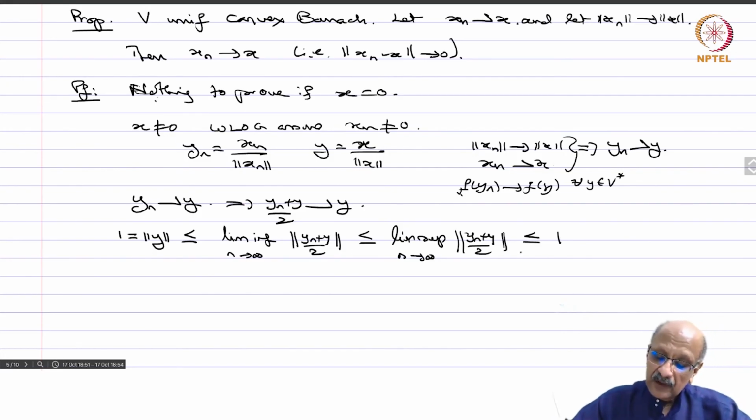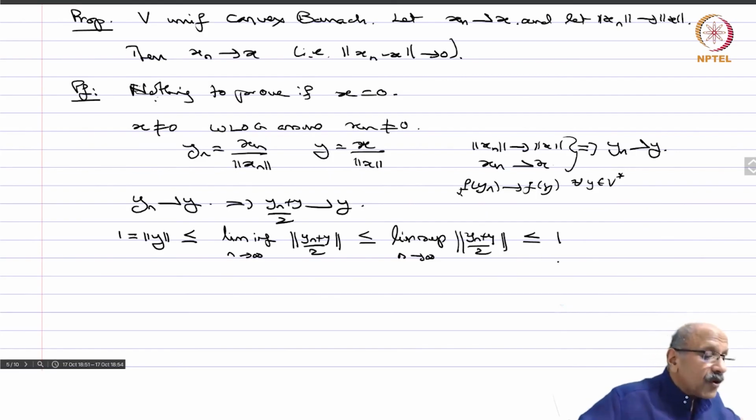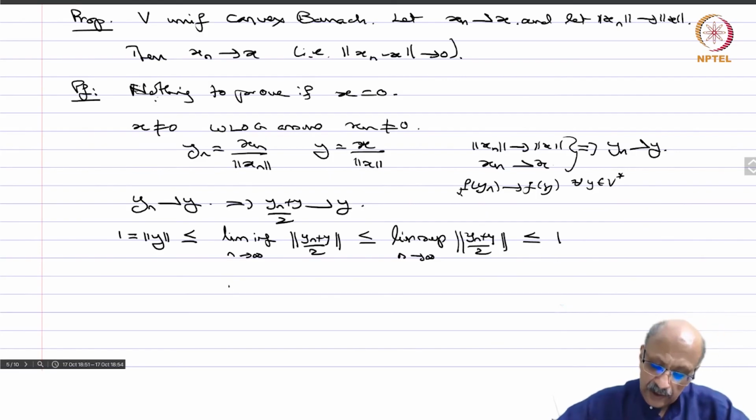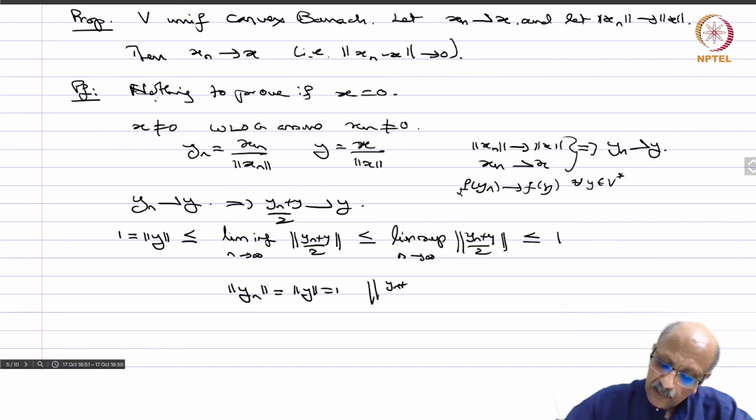Therefore we have that equality holds throughout, and therefore you have that norm yn is equal to norm y equal to 1, and norm of yn plus y by 2 converges to 1.